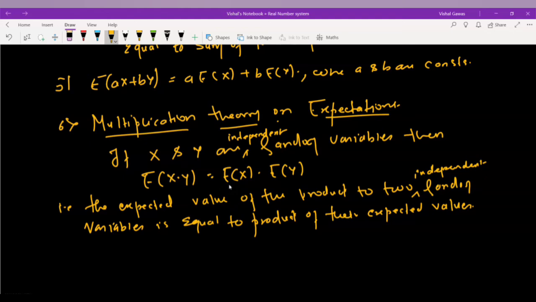So for the multiplication theorem, x and y should be independent random variables. They should not have anything in common.